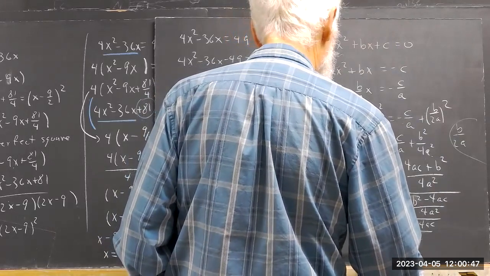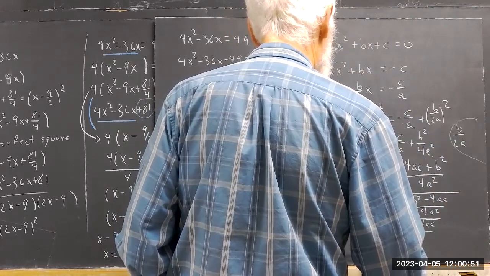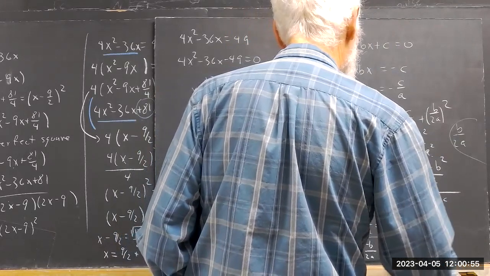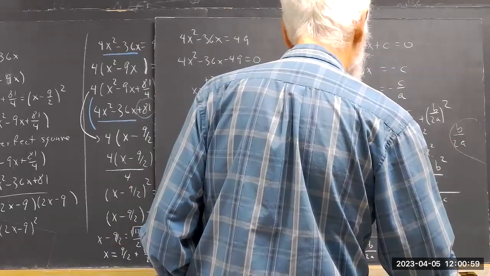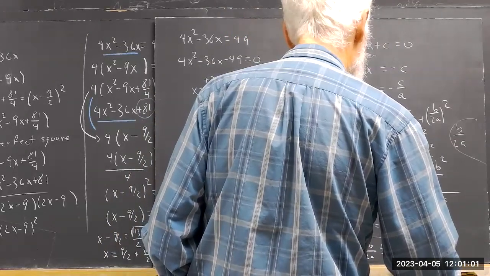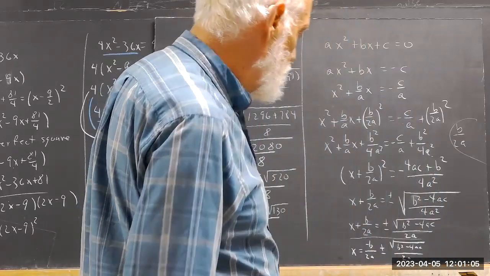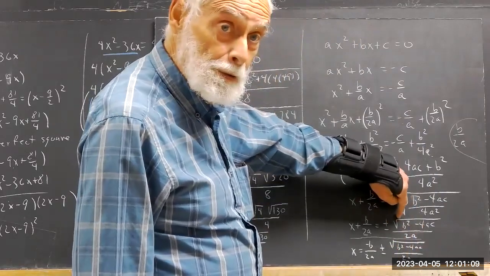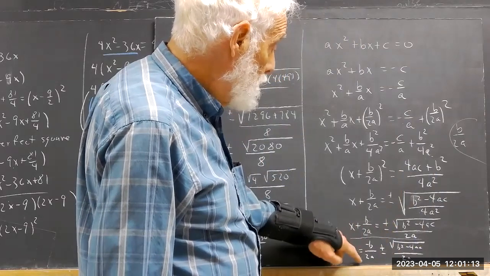We're going to get x equals negative b over 2a. Well, that's getting hard to read. But that's just my discriminant, same thing I have here, over 2a and negative b over 2a.